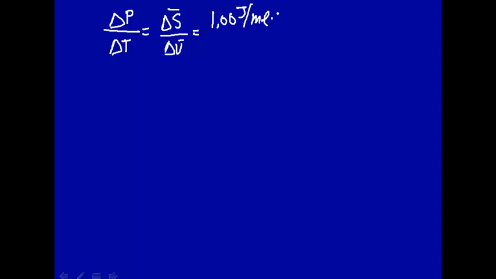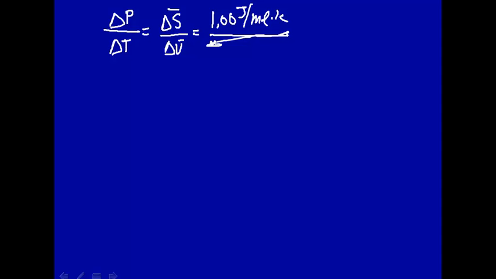So, as we said, delta P, we're converting from infinitesimal to finite changes, which is essentially assuming that that phase boundary line is linear over delta T. That is equal to delta S bar over delta V bar. Delta S bar, given the problem, is 1.00 joule per mole Kelvin.